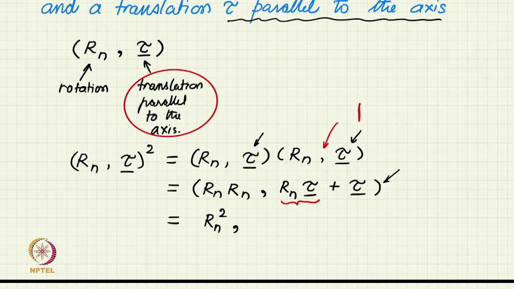If you apply rotation to a translation parallel to the axis, it does not change. A translation parallel to the rotation axis is an invariant translation for that rotation. So, Rn tau will actually result in simply tau, and you will get tau plus tau. So, you will get Rn square 2 tau.